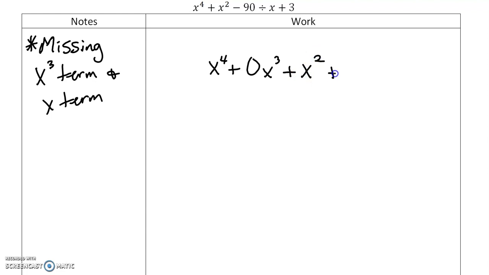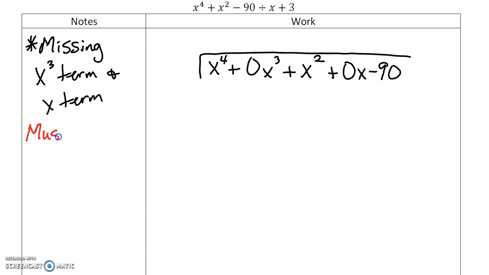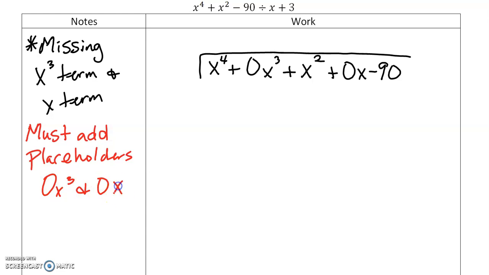And then again, I need a spot for my x's, so I'm going to do plus 0x minus 90. The only reason I showed you this one, one, to get another practice, but also because we are missing terms and we must add placeholders. Our placeholders for this problem are 0x cubed and 0x.